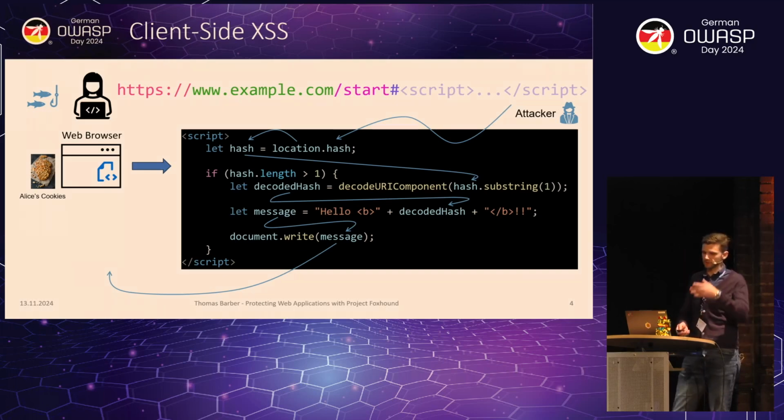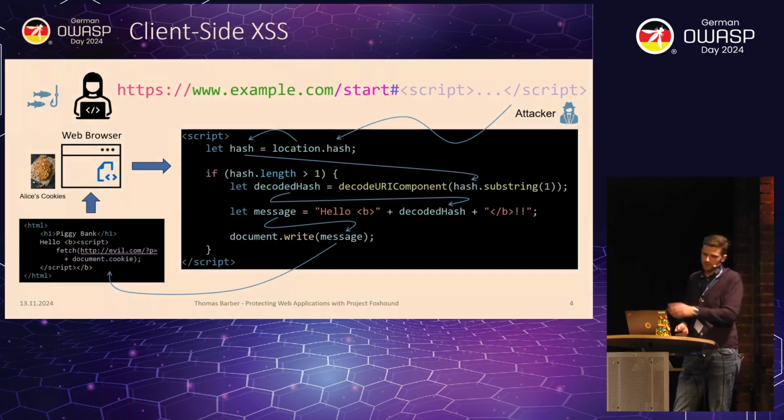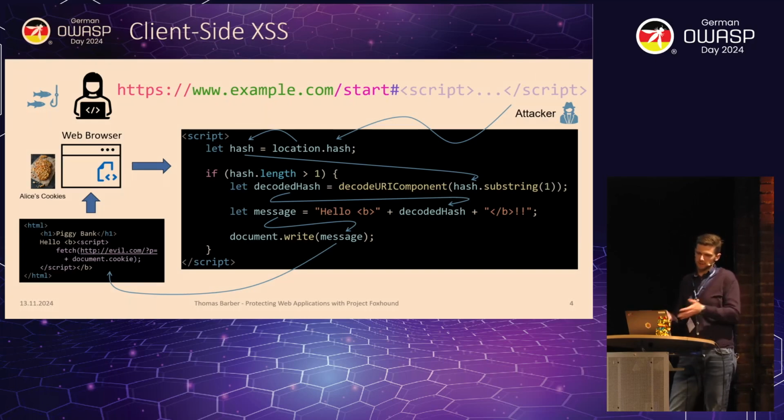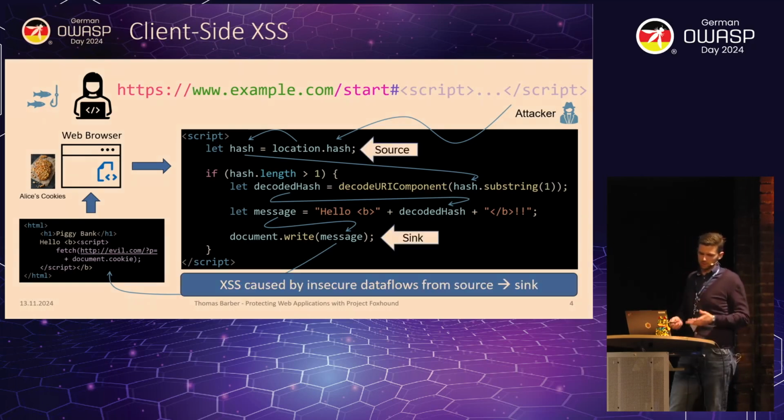But now because our attacker is controlling parts of that URL, they're also able to inject HTML code into the page and in principle execute scripts as well, because the browser can't distinguish between trusted and untrusted input. And this is what causes cross-site scripting. So we've got an insecure data flow from a source into a sink.